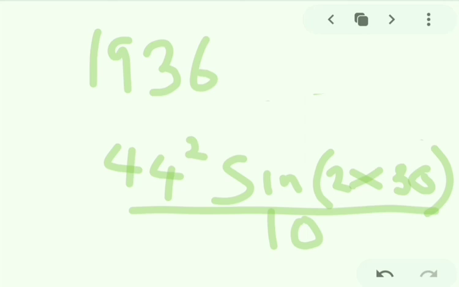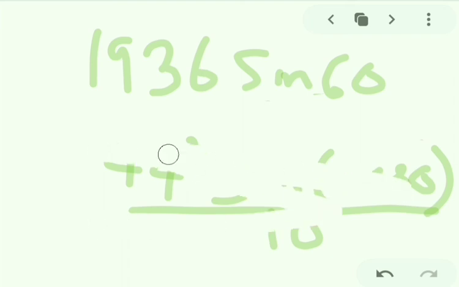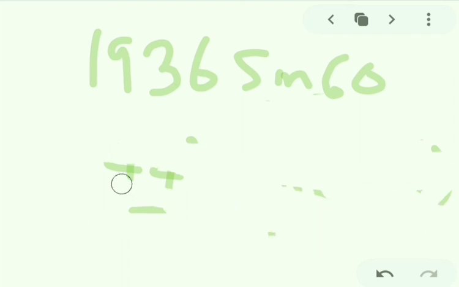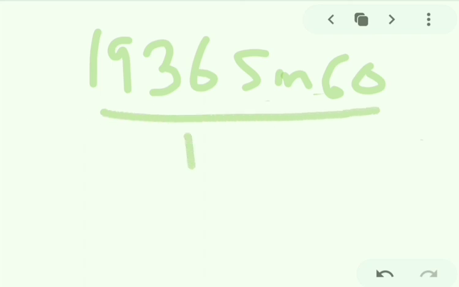Now 2 times 30 will give you sine 60, divided by 10.